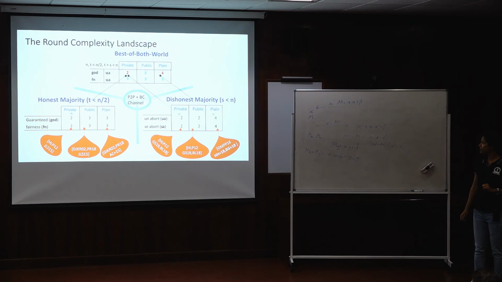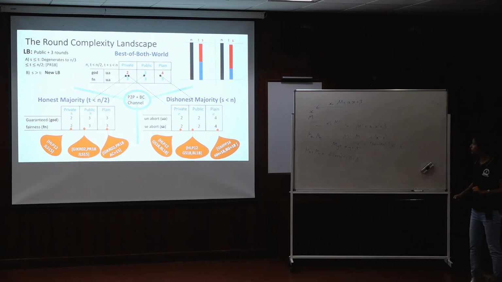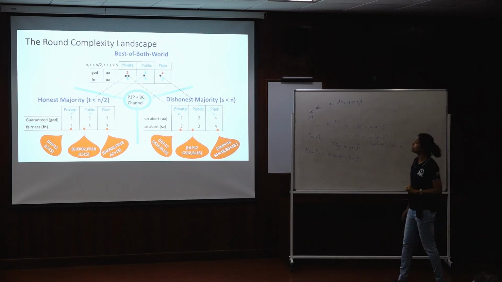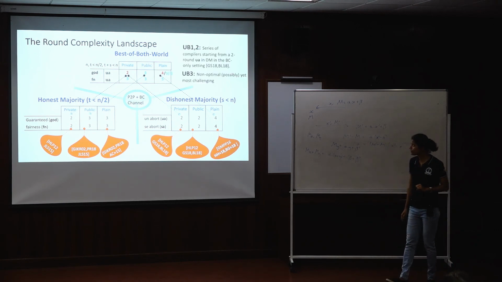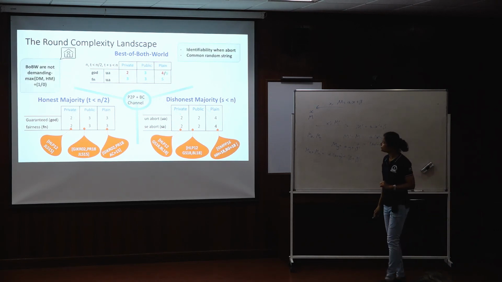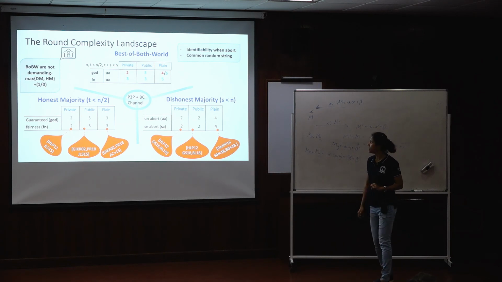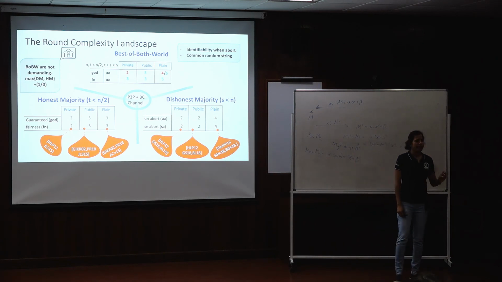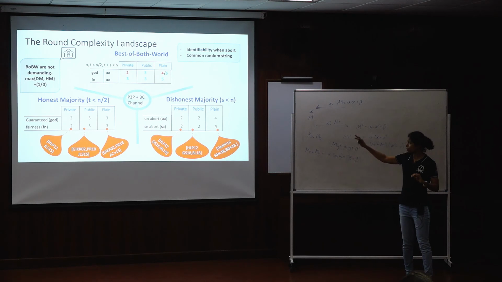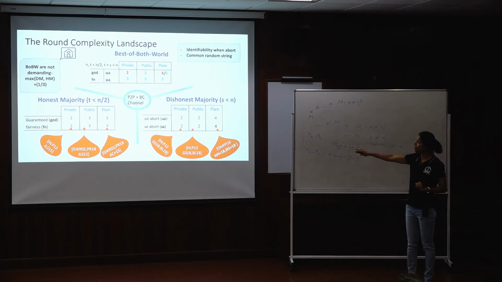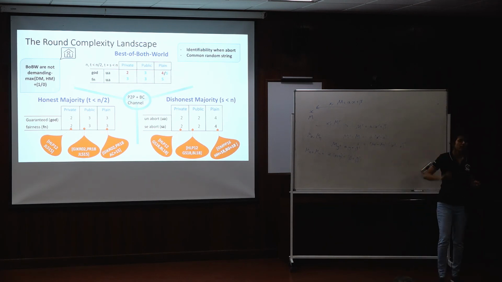And I guess I'm going to... one message that I want to give from this slide, and I'm not going to explain everything, is that we are relying on the dishonest majority protocols. So we have these two distinct classes of protocols, and then we want that third and unconventional class, namely best of both worlds protocols.